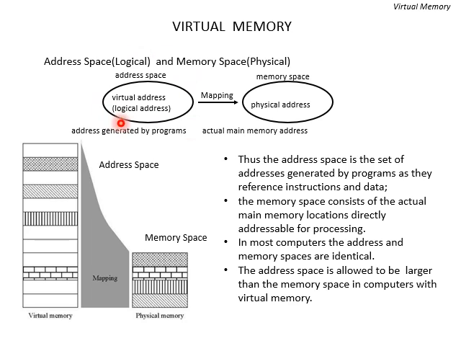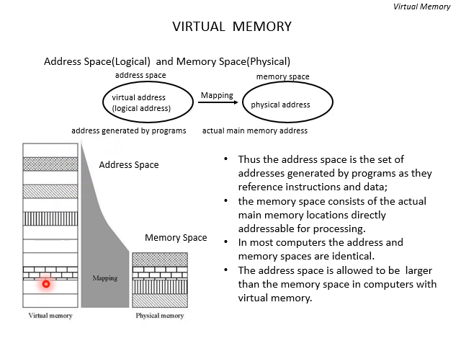Now, the address space. We have two types of addresses. One is the address space, which contains the virtual addresses, that is the addresses in the virtual memory, and then we have the memory space, which contains the physical addresses. Physical addresses are the addresses actually used for the main memory. And virtual addresses are the addresses generated by the programs, and these pertain to the virtual memory.